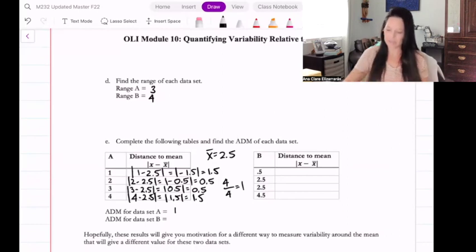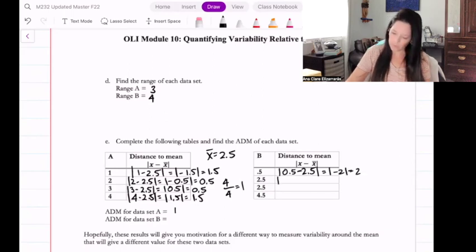For the second data set, we take the absolute value of 0.5 minus 2.5, which is the absolute value of negative 2, which is 2. We take 2.5 minus 2.5 absolute value, which is the absolute value of 0, which is 0.